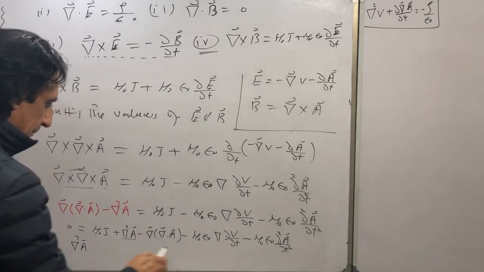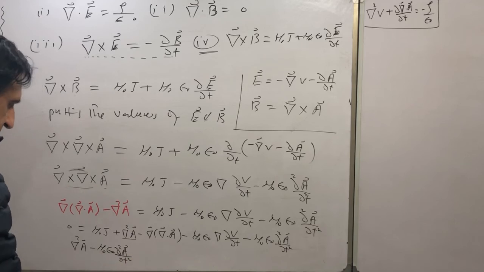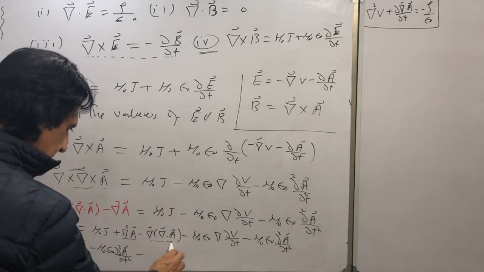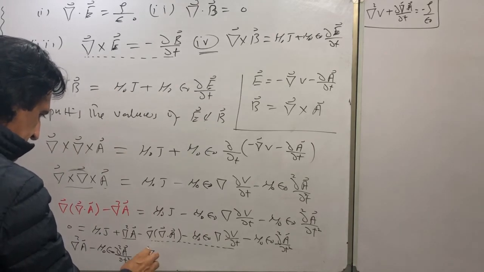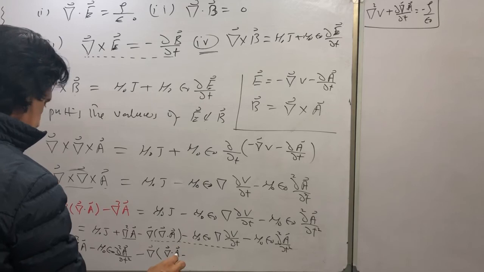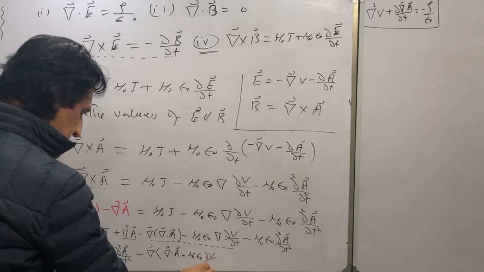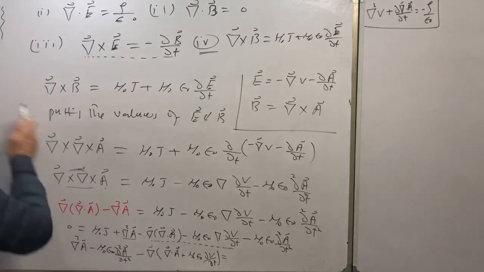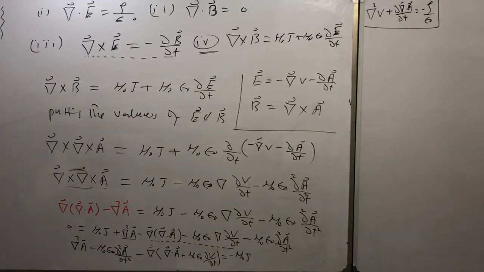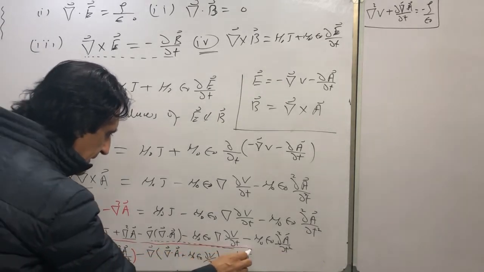So del square A minus mu naught epsilon naught partial square A divided by partial t square, and minus this term, one can take del common, and this becomes del dot A plus mu naught epsilon naught partial V divided by partial t, which is equal to, taking this term to the left side, minus mu naught J. So this is the equation we have.